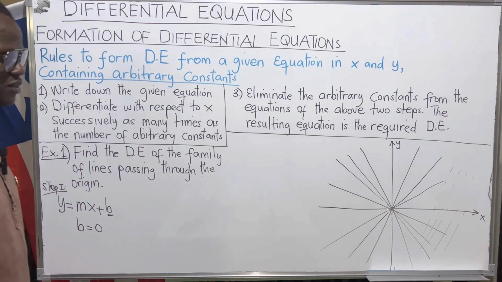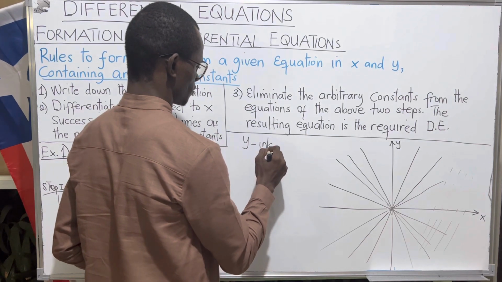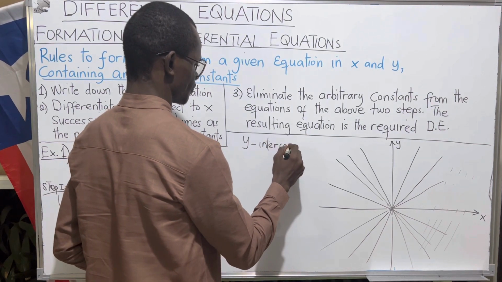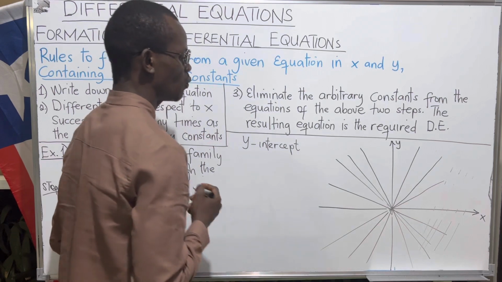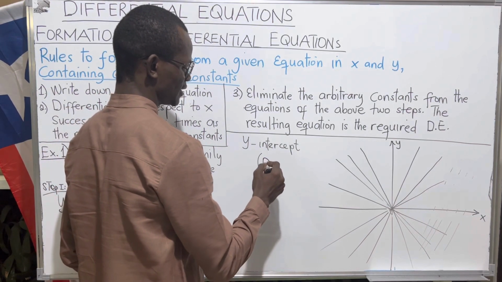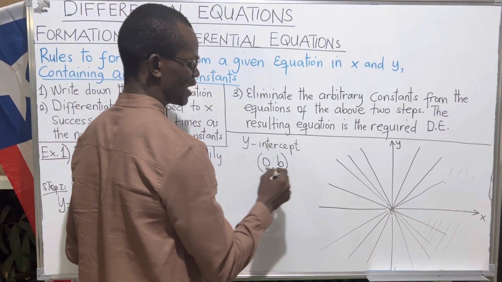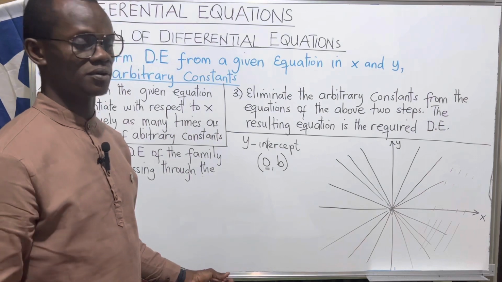Now, why is b equal to 0? Because there's something called the y-intercept. The y-intercept is the point where x is equal to 0 and y is equal to some value b other than 0.